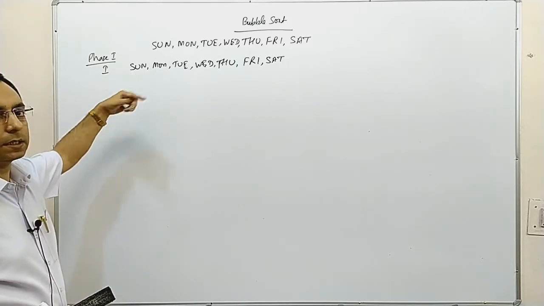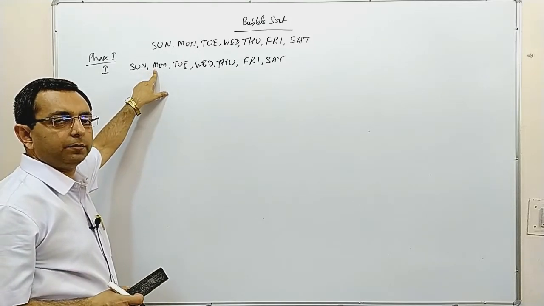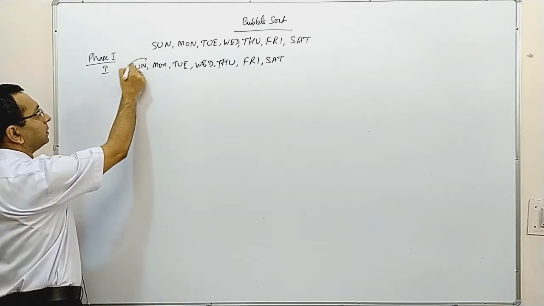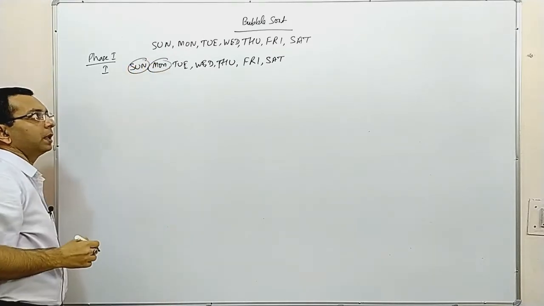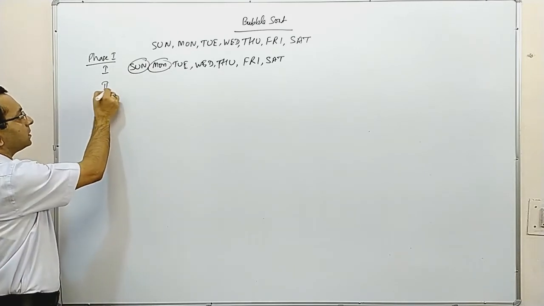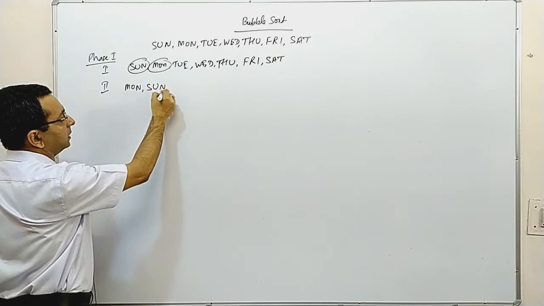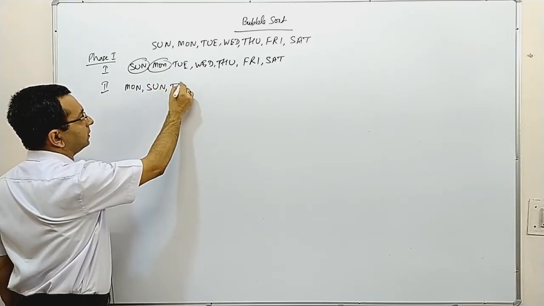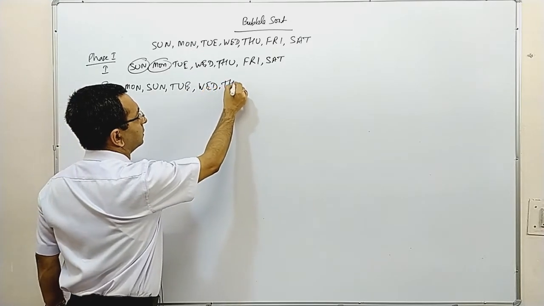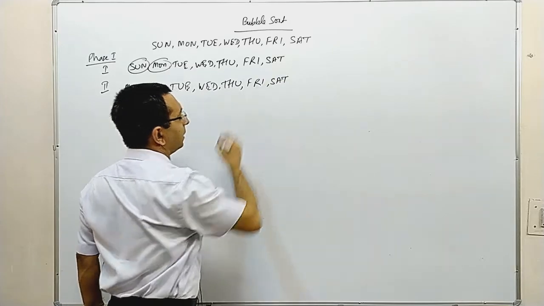It means S comes later as compared to M in the alphabet series. So S is big and M is small, so they will be interchanged. In the next step, Monday will come first, and Sunday, then Tuesday, Wednesday, Thursday, Friday, and then Saturday.